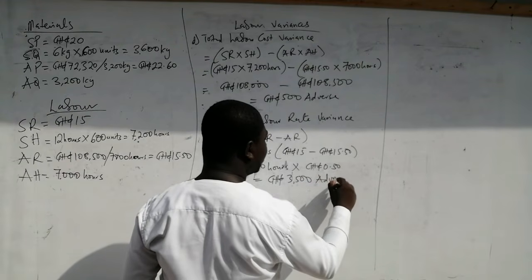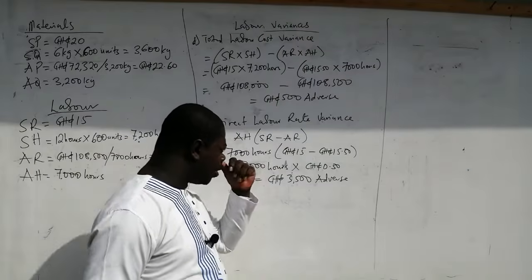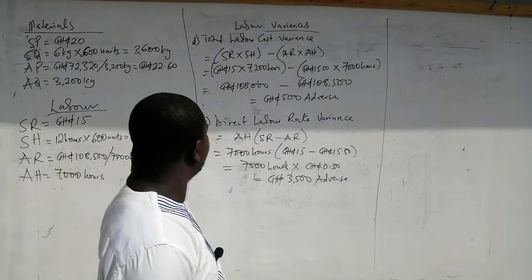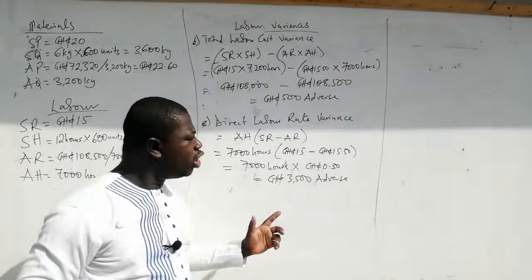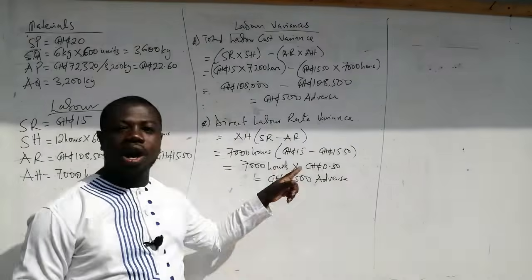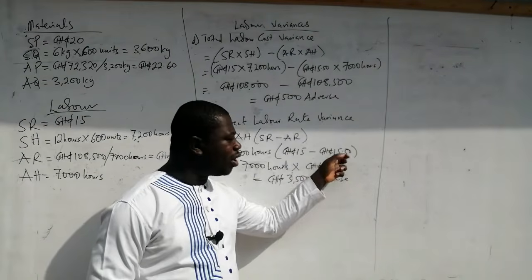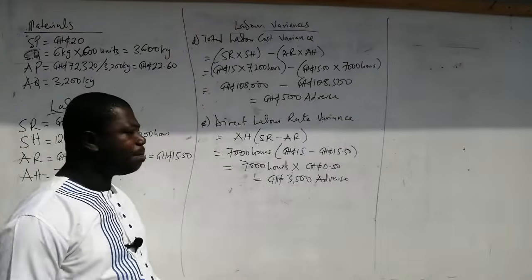And that is an adverse variance. An adverse variance because the actual rate was more than the standard rate. So it is what is in the bracket that we use to determine whether it is favorable or adverse. And in the bracket, we realize that we incurred more in terms of rate than what we planned to incur.